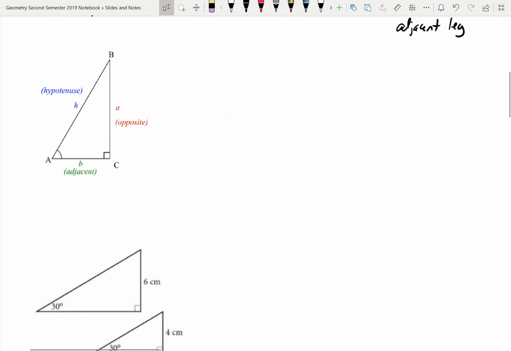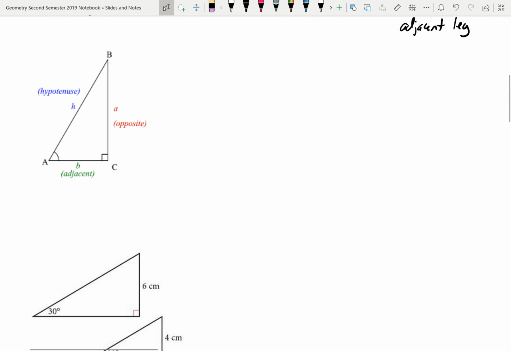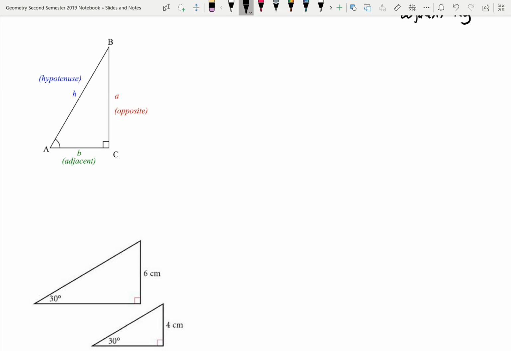Here's an example of a triangle, and you notice how opposite and adjacent are labeled. Okay, so sine A is going to be opposite divided by hypotenuse.